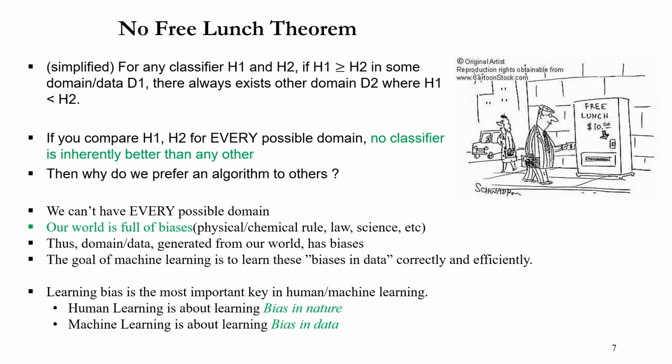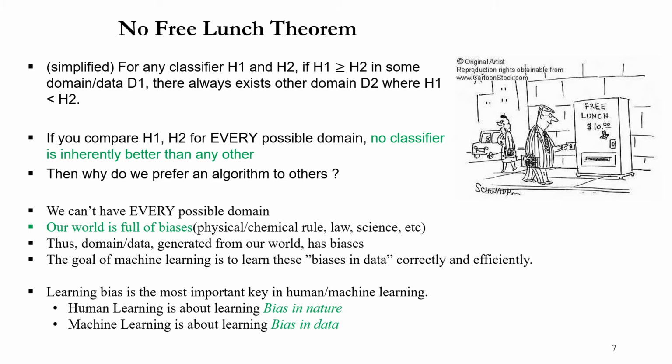There is an interesting theorem in machine learning called the no free lunch theorem. It goes like this. Suppose there are two classifiers, H1 and H2. A classifier is a classification algorithm in machine learning.